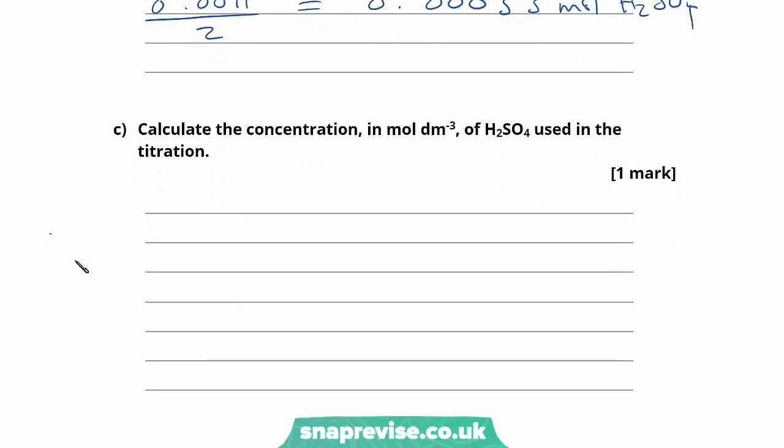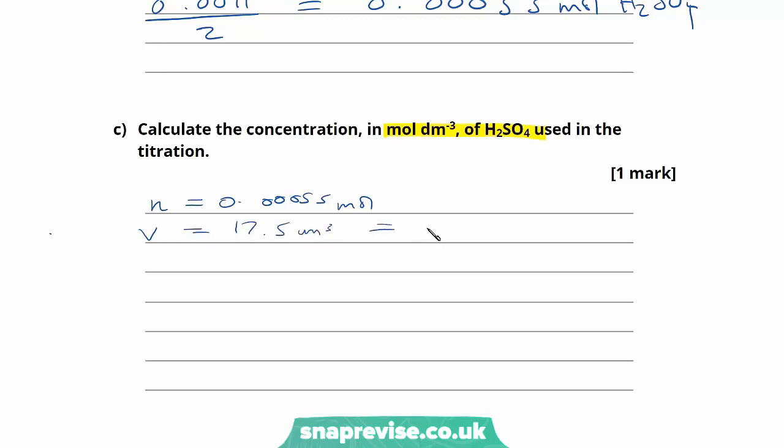Part C, our final part, is to calculate the concentration in moles per decimeter cubed of H2SO4, sulfuric acid, used in the titration. Again, as we always do, write down what we know. We know the number of moles is equal to 0.00055 moles, as we've just worked out. And in the question, we're told the volume is 17.5 centimeters cubed.